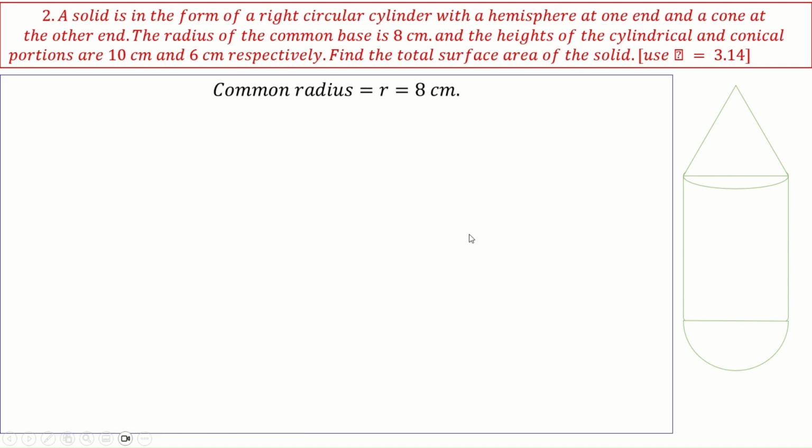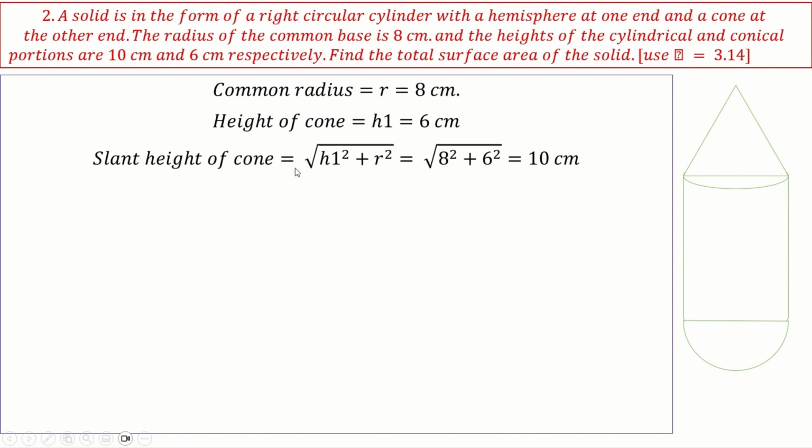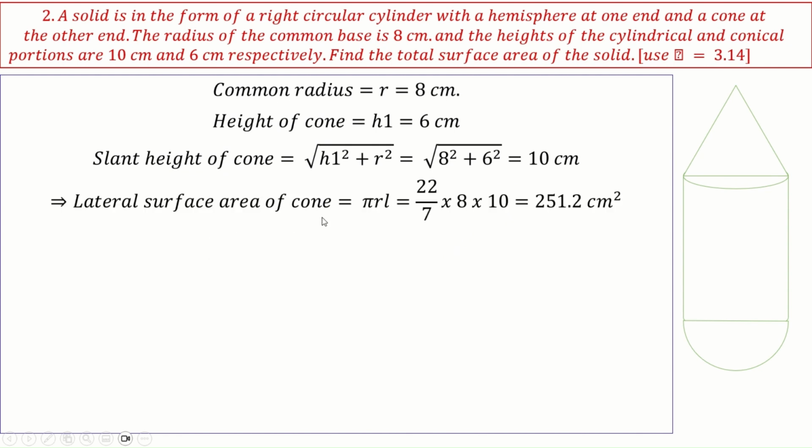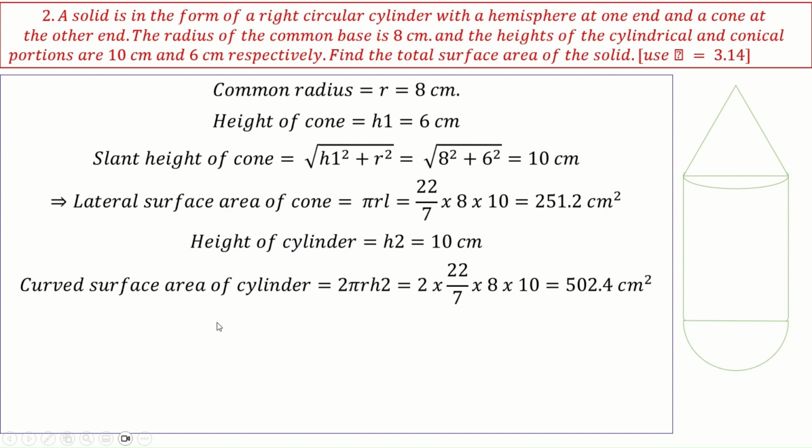Yeah, this is easy. Common radius is 8. Height of cone is 6, so slant height of the cone is around 10 centimeters. Lateral surface area of the cone is pi r l, so you get this value. Height of the cylinder is 10 centimeters, and we know the radius already. So curved surface area of the cylinder is 2 pi r h.